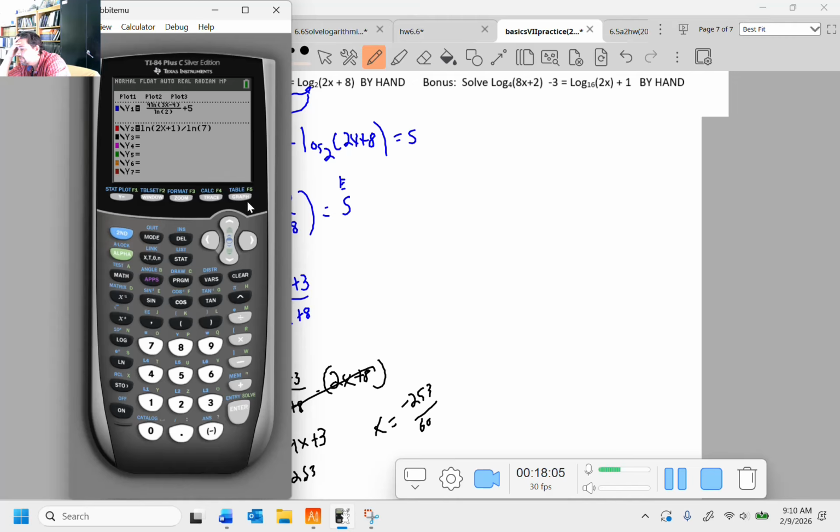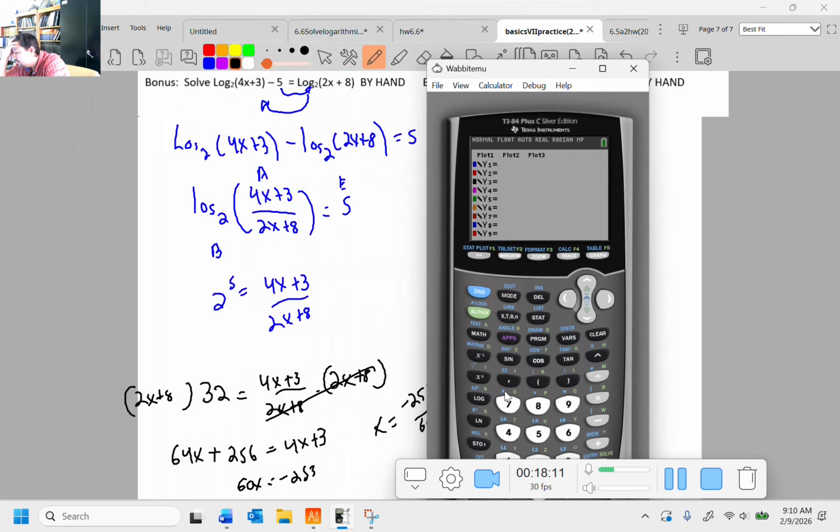And just to show you this thing doesn't have an answer, let's go ahead and type it in the TI-84. So this guy would be the natural log of 4x plus 3, sitting over the natural log of 2, or log if you like logs, and then minus 5.